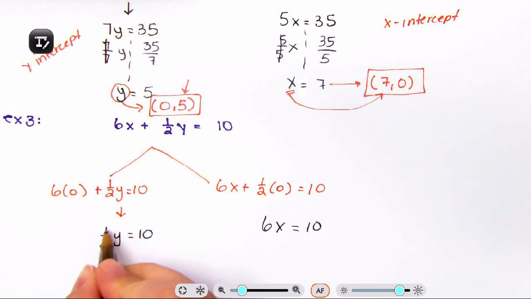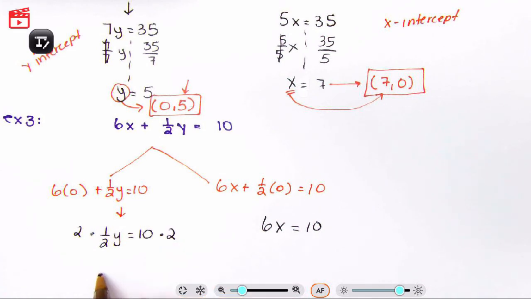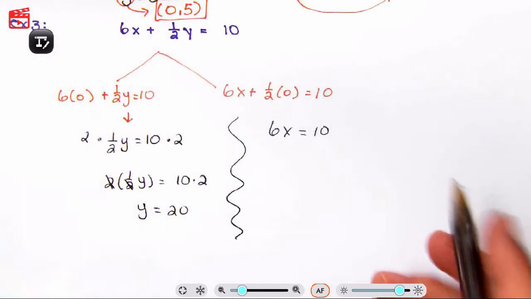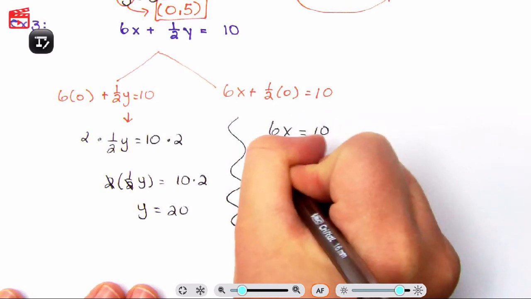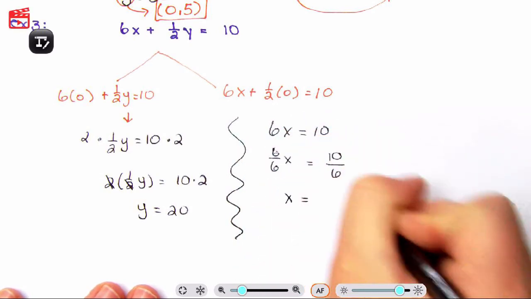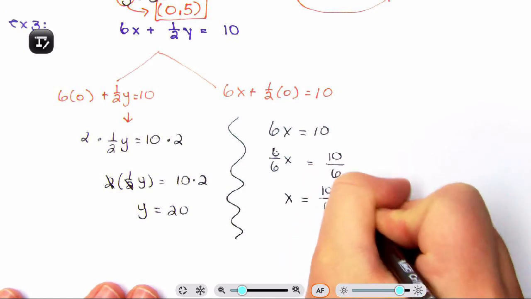So here we have 1/2. How do you get rid of 1/2? I'm going to multiply both sides by 2. So that means I have 2 times 1/2 y, and I have 10 times 2. My 2's cancel out, so I have y is equal to 20. On this side, I have 6x is equal to 10. I'm going to divide both sides by 6. X is equal to, now this is 10/6. However, I can divide 2 top and bottom.